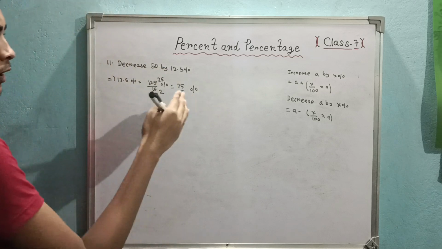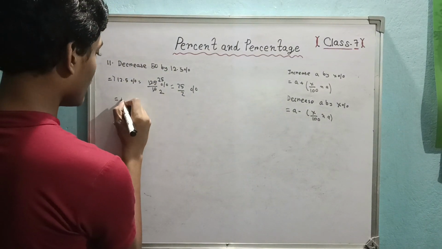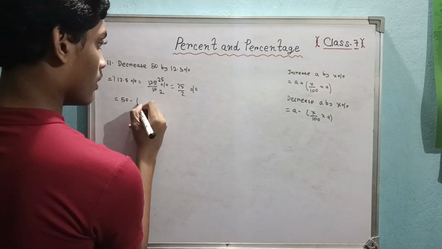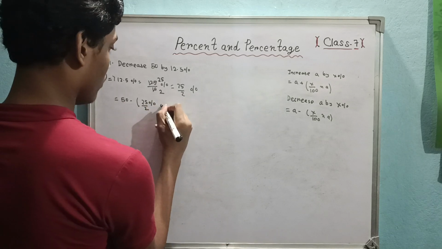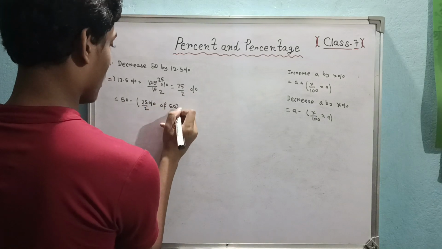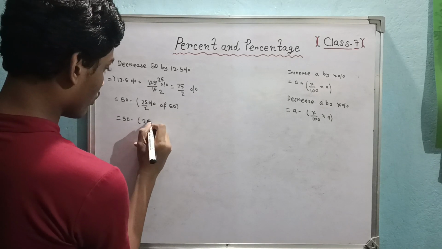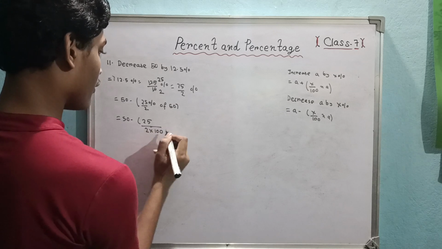So decrease 50 by 25 by 2% turns out to be equal to 50 minus 25 by 2% of 50, right? So it will be 50 minus 25 by 2 into 100. X percent means x by 100.